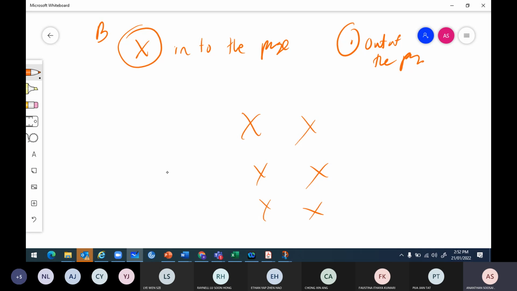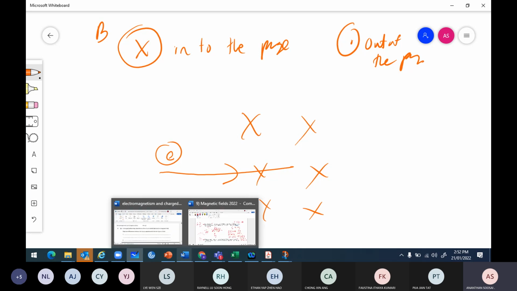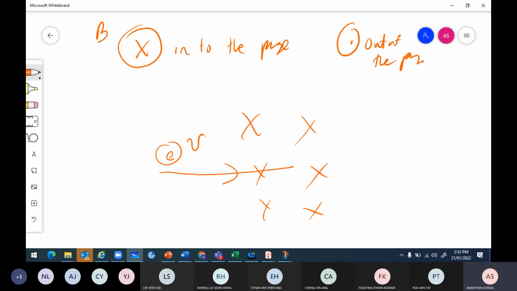And an electron moves into this magnetic field with a certain speed. Come on, use your Fleming left-hand rule. Can you identify which direction the electron will deflect?